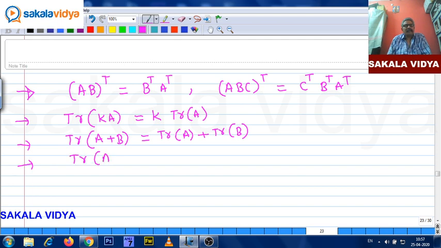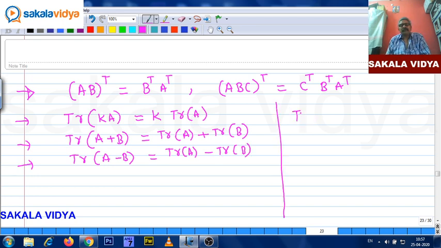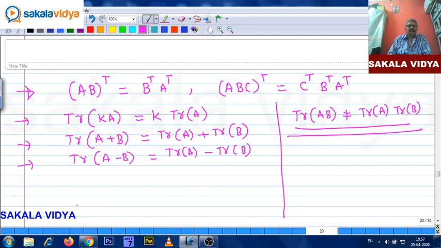Trace of A minus B is trace of A minus trace of B. So now the trace of AB does not equal trace A into trace B. You remember this one, this is very important.